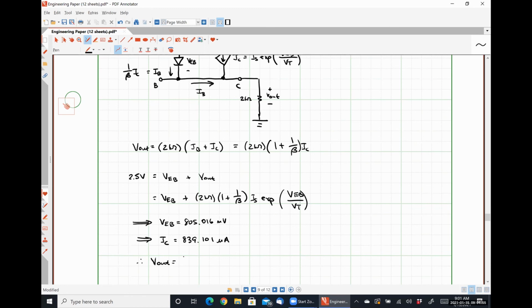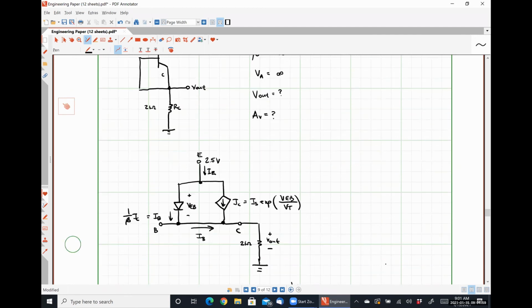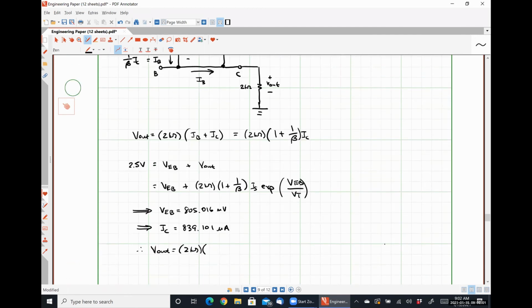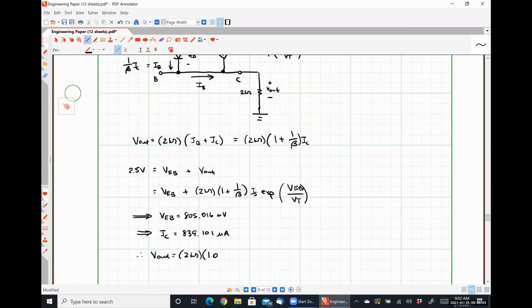That's going to be simply 2 kilo ohms, times 1 plus 1 over beta, which is 1.01, times 839.101 microamps.